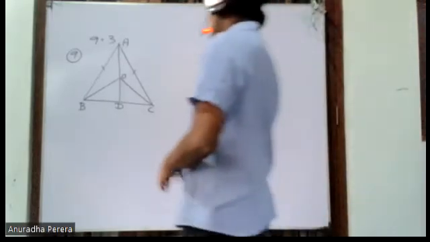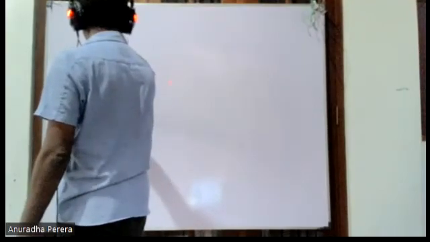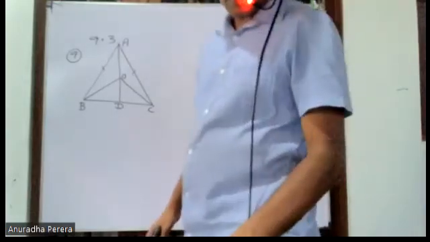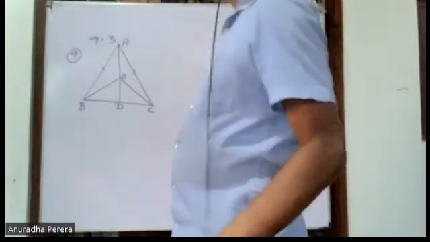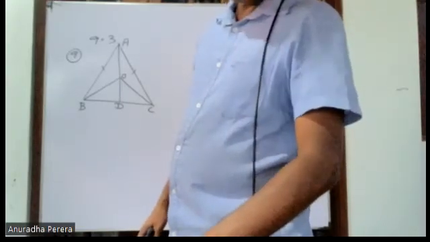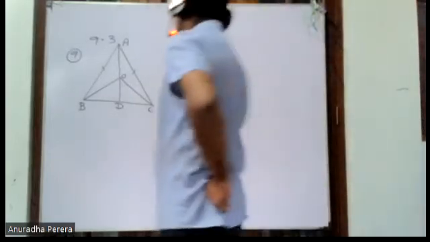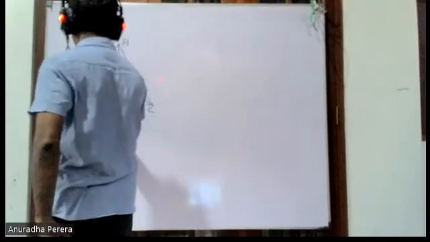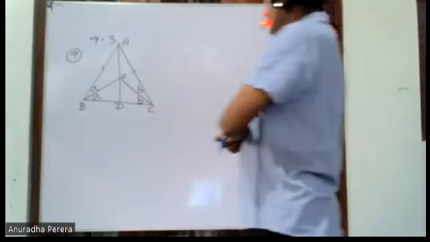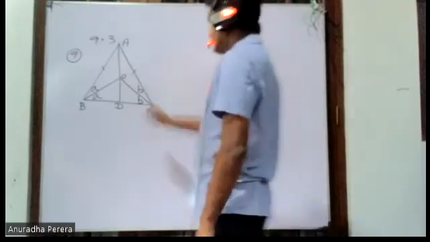And these two are also equal, the bisectors of ABC and ACB. First, we do not need to prove these two as congruent triangles.